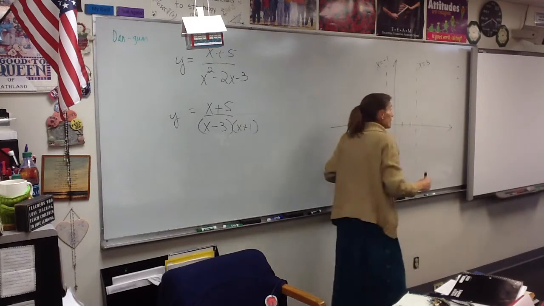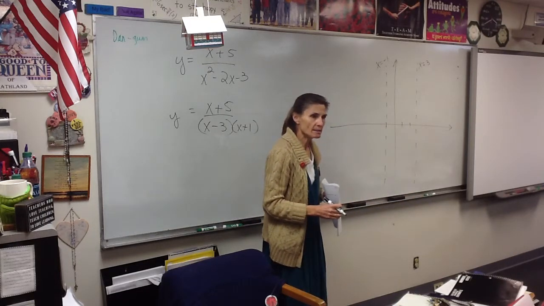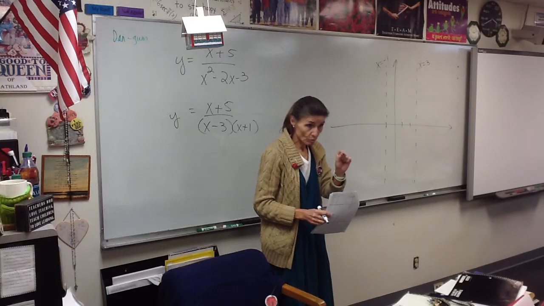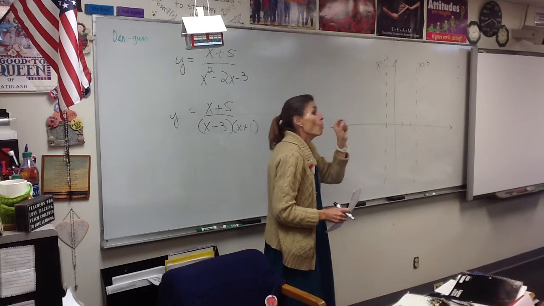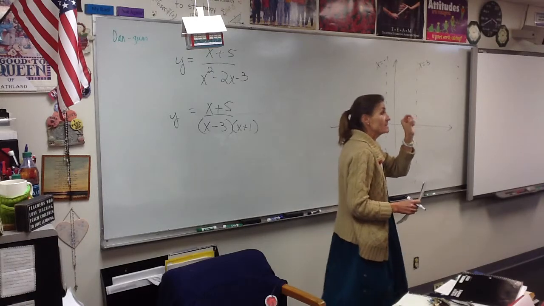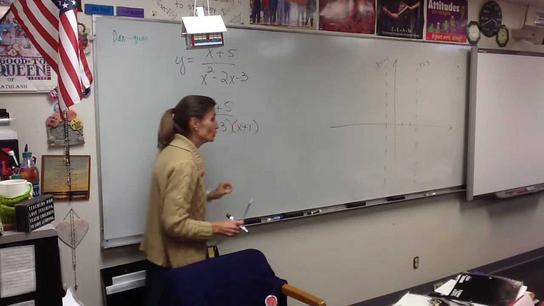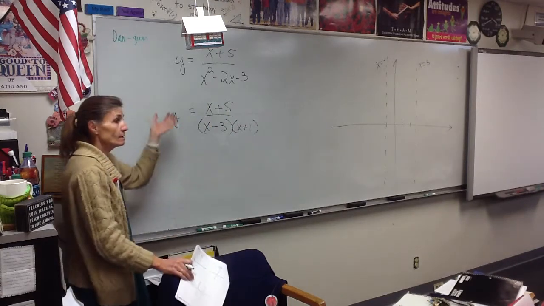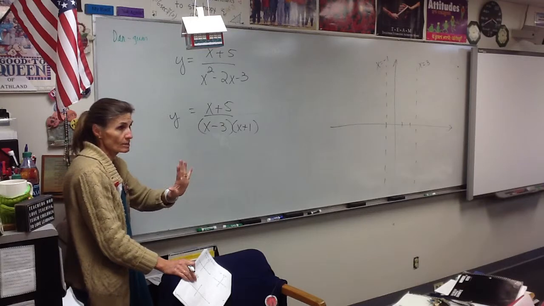Now, I don't want anybody asking me in the future, how do I find vertical asymptotes? I just told you. Where do vertical asymptotes come from? Whatever makes the denominator 0. Good. All right.